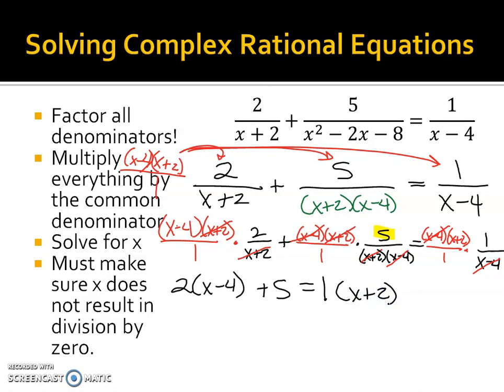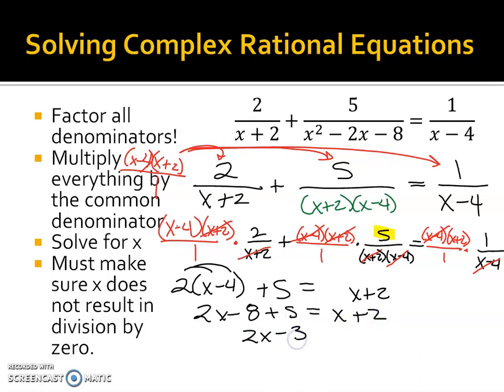Okay, so hopefully you guys are getting the pattern of how you're able to cancel these things here. Now, as I'm going through, 1 times x plus 2, that's just x plus 2, distribute your 1 in, but 1 times anything is just itself. I can distribute in my 2 here, 2x minus 8 plus 5 equals x plus 2.